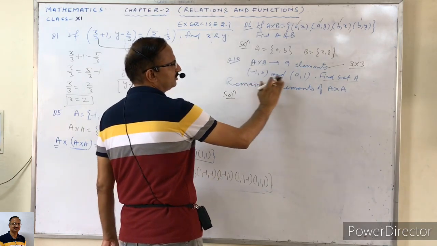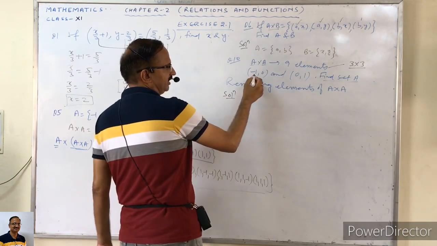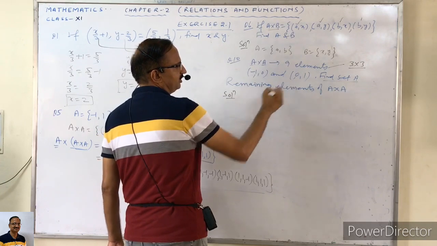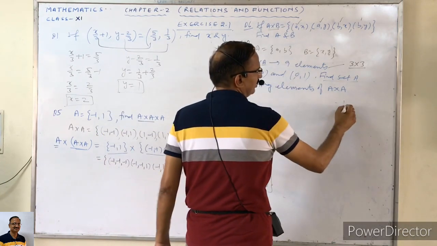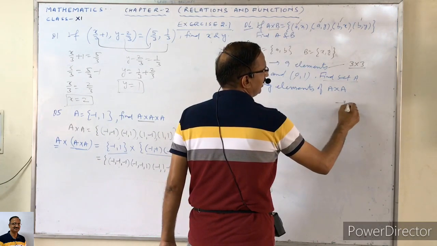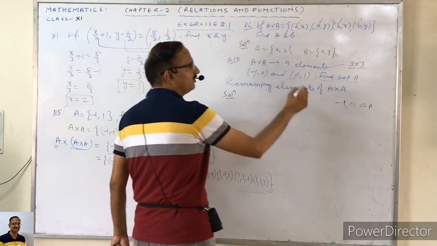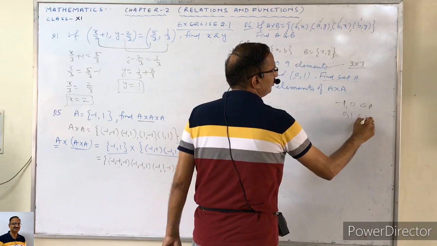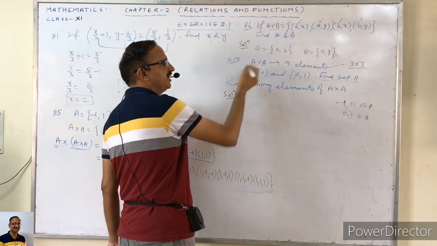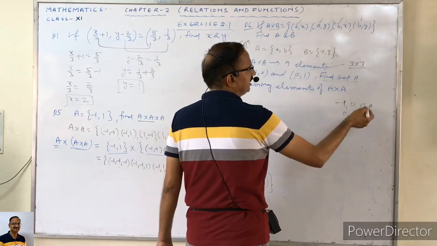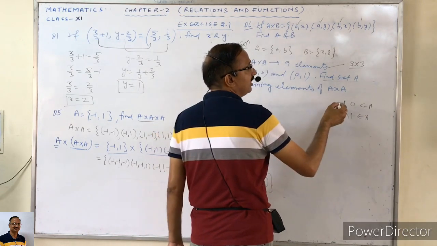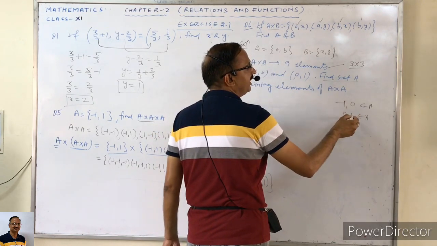Okay. Now find set A. So look at these combinations. This -1, 0 are the elements belonging to set A, and 0, 1 also belongs to set A because this is A cross A. It means this set A has -1, 0 and 1.